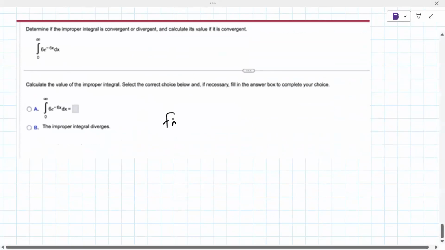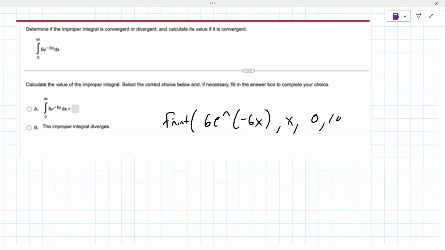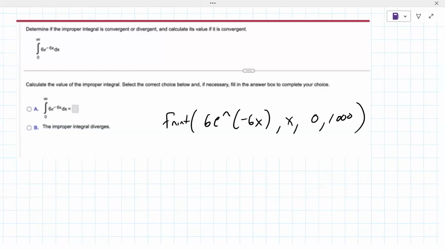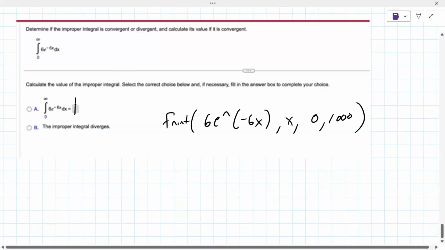So you're going to do an fnInt of 6e^(-6x), comma x, comma 0, comma maybe 1,000. And you'll find that this equals, oh, six, basically one.